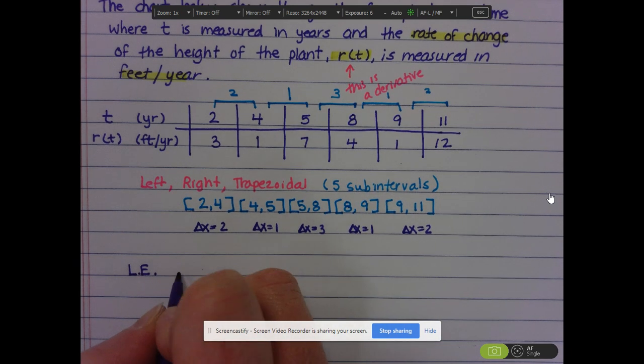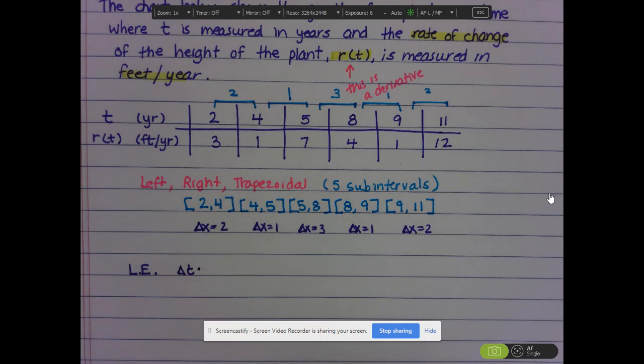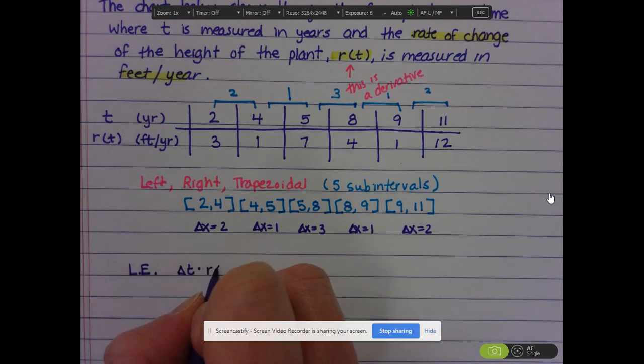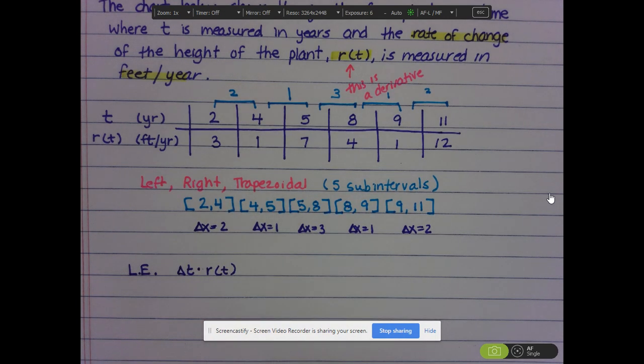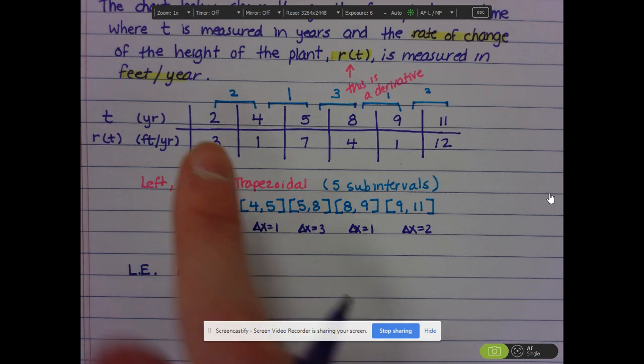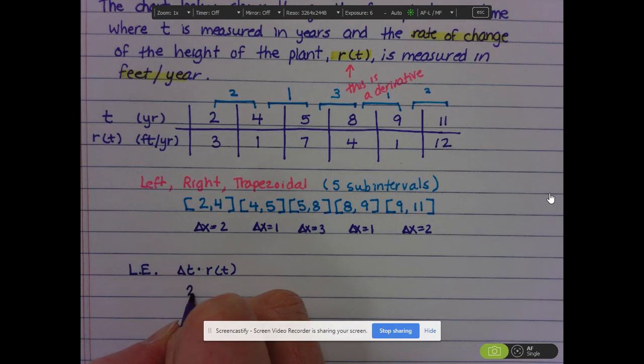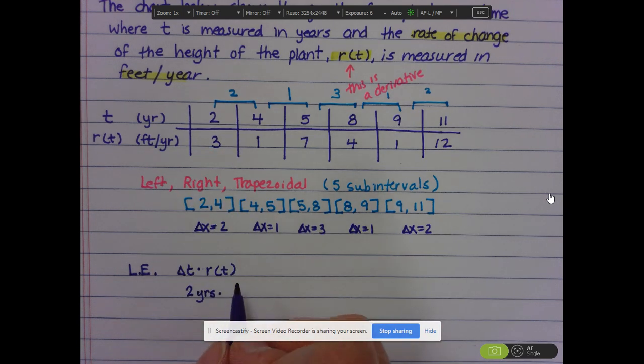So I have my delta t times my r of t, because that's the value that I happen to know. So my delta t is 2. Now notice again, that's going to be a difference of 2 years. My r of t, which is my value of r of 2, happens to be 3, but it's 3 feet per year.